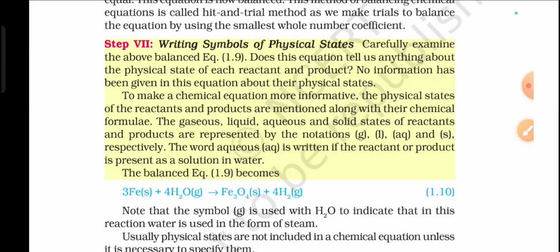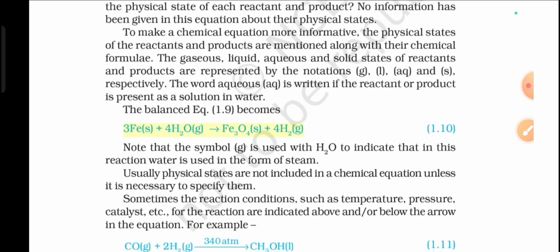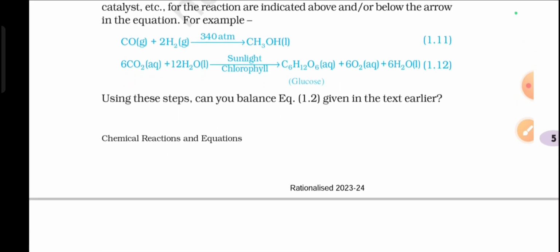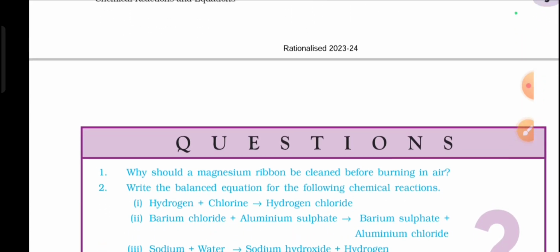The gaseous, liquid, aqueous and solid states are represented by the notations (g), (l), (aq), and (s) respectively. The word aqueous is written if the reactant or product is present as a solution in water. The balanced Eq. 1.9 becomes 3Fe(s) + 4H2O(g) → Fe3O4(s) + 4H2(g).